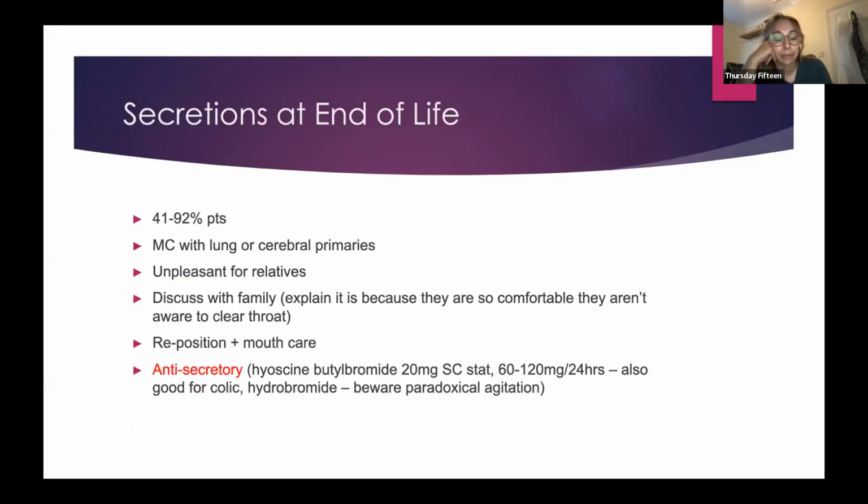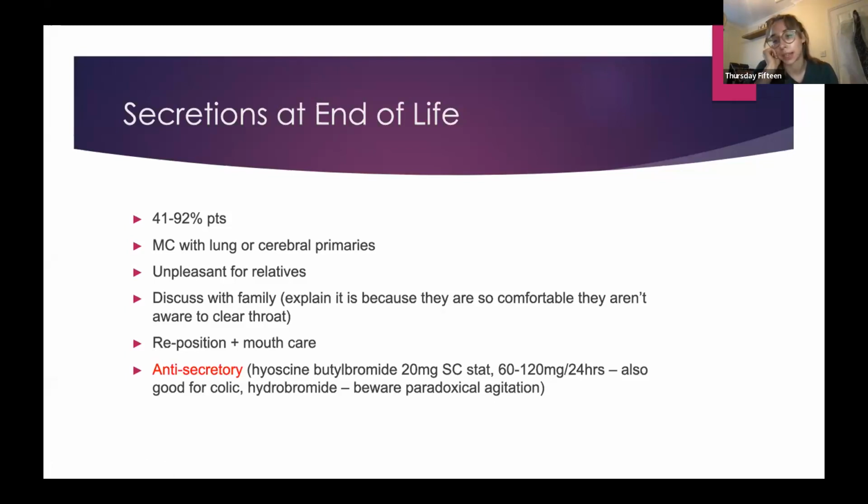So most patients at the end of life will have some secretions. It's more common in patients who have lung or brain cancers. And the main issue with it is that it's unpleasant for us, really. Discussing with the family, explaining that it's because the patient's so comfortable that they aren't aware that they need to clear their throat. Repositioning the patient can often be more than enough.